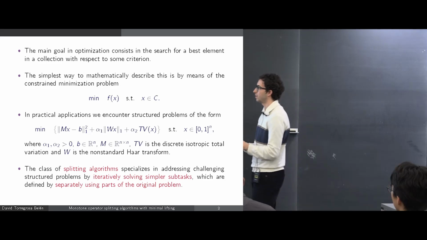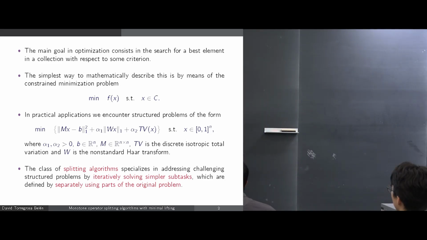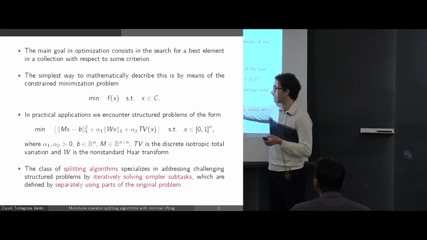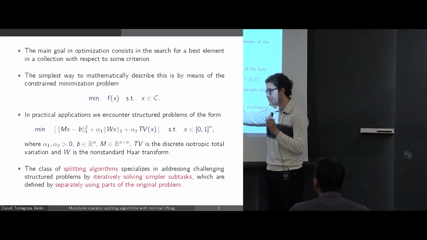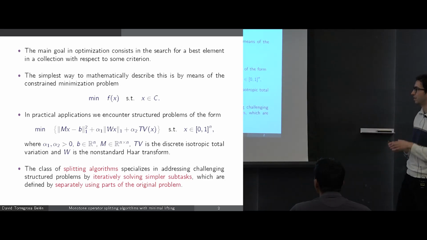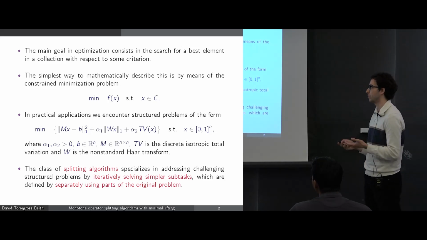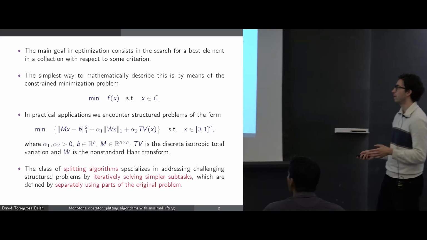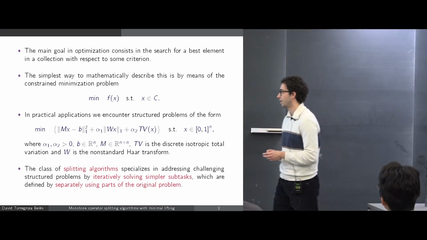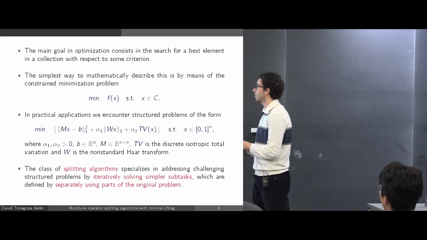So the idea would be to try to solve minimization problems involving different parts of these terms separately in order to obtain the final solution. This is what I want to talk to you about today, and I'm going to give some introduction because I'm not sure if you're familiar with them, and then I want to focus on one problem that I was addressing in the first years of my PhD.